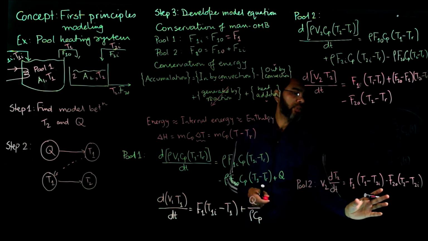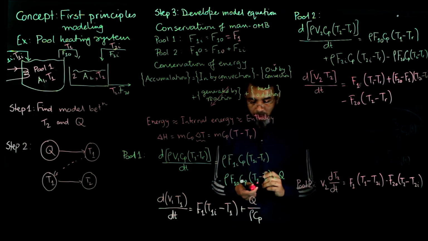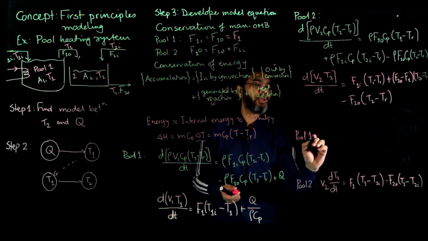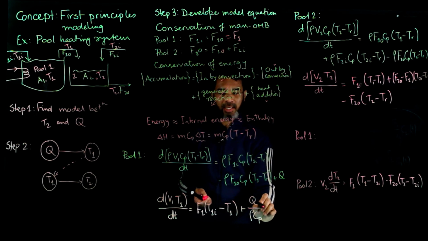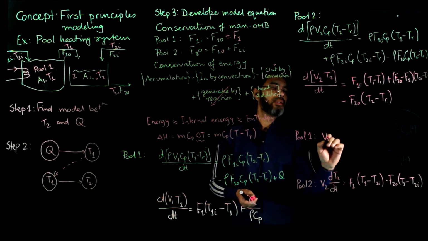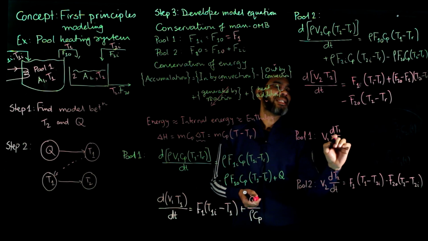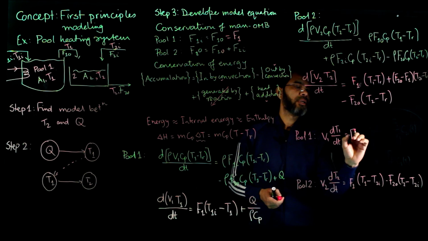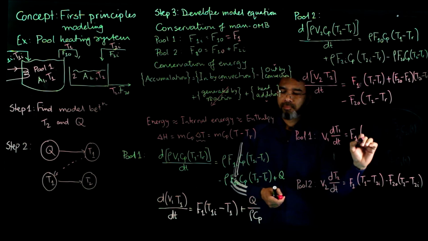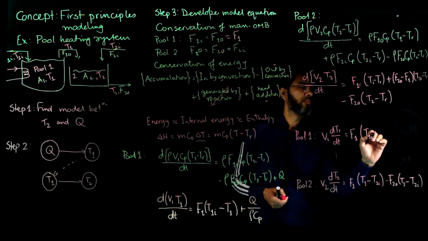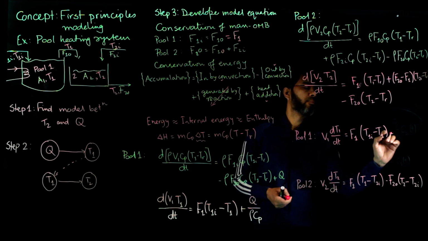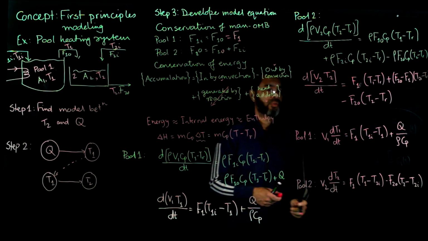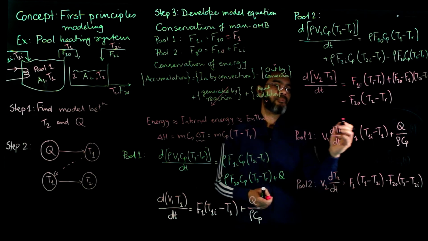So we have this simplified equation for pool 2. What about pool 1 then? For pool 1, directly from this relation here, we get V1 dT1/dt simply becomes F1 (T1i minus T1) plus Q over rho Cp.